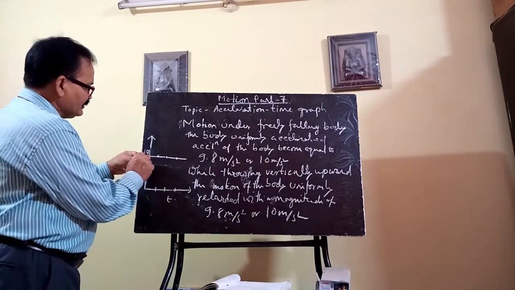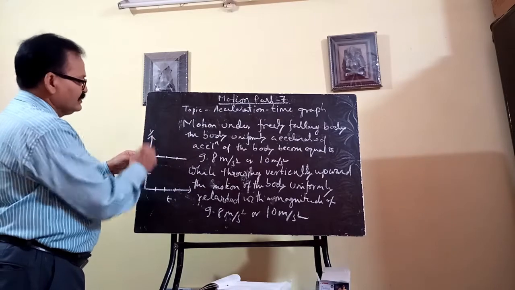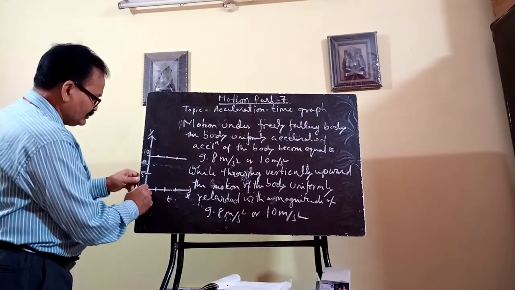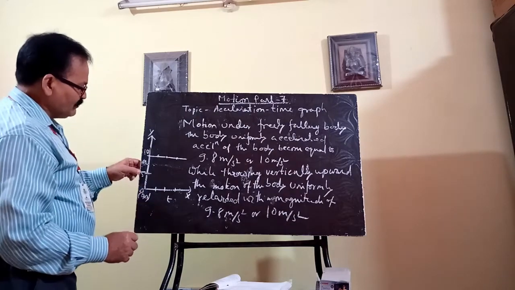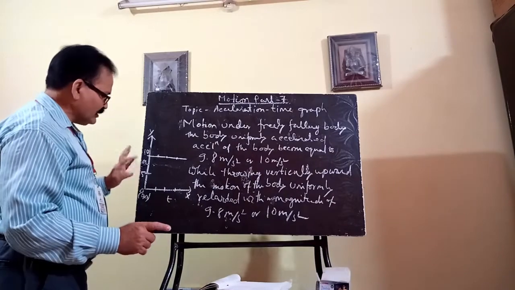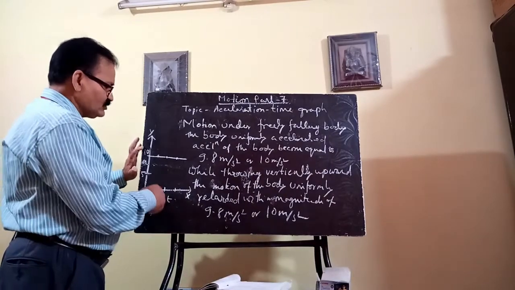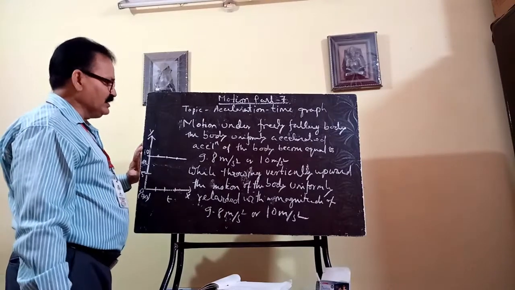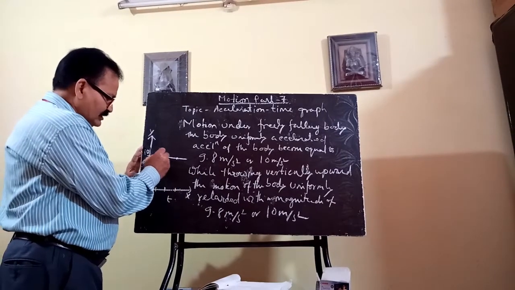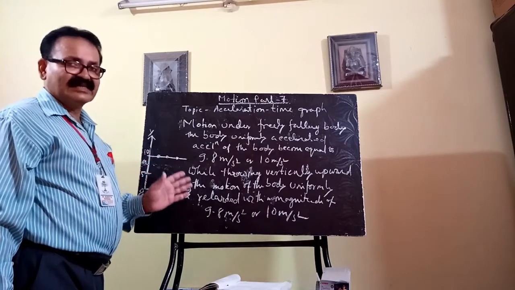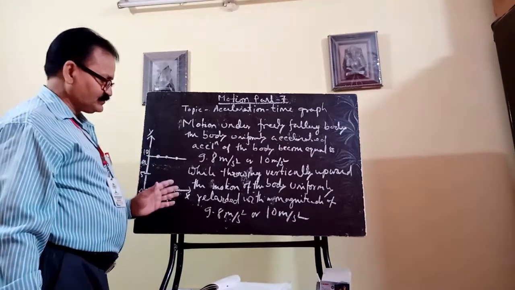So this is your acceleration along y-axis, and this is time along x-axis. This is your origin 0, 0. The unit is meter per second square, 5, and this is 10. Since the body is falling freely under gravity, the acceleration remains constant and the velocity increases.